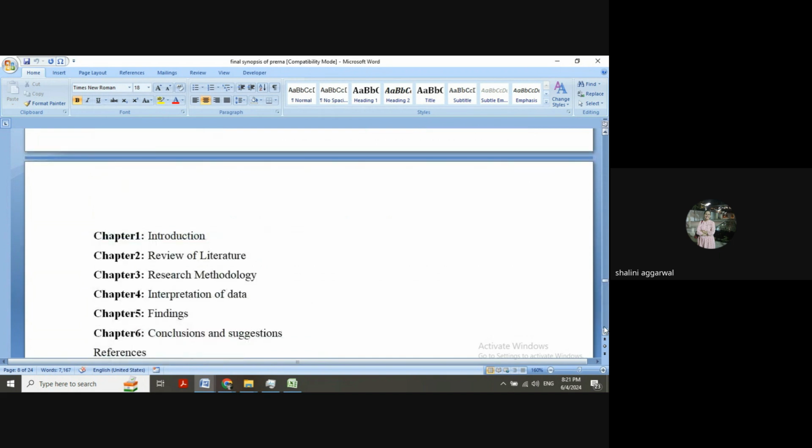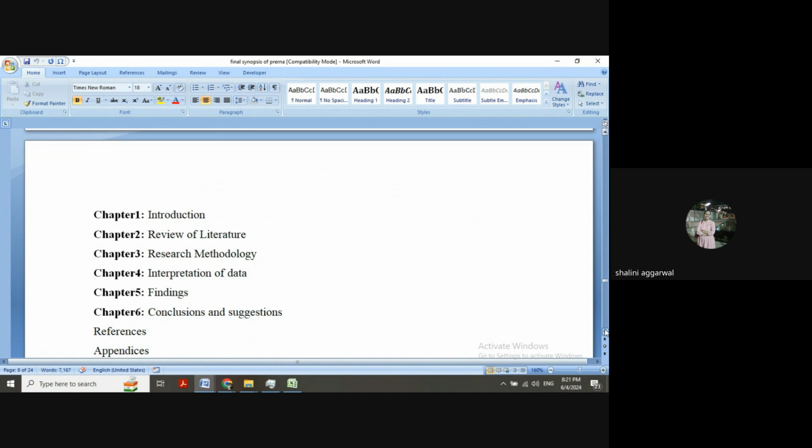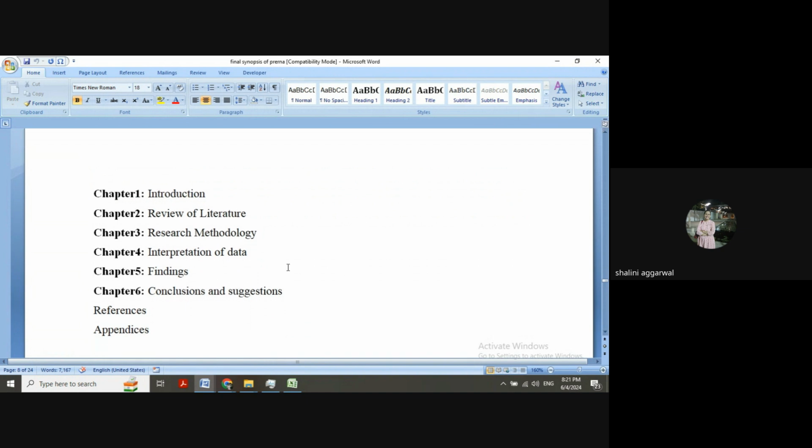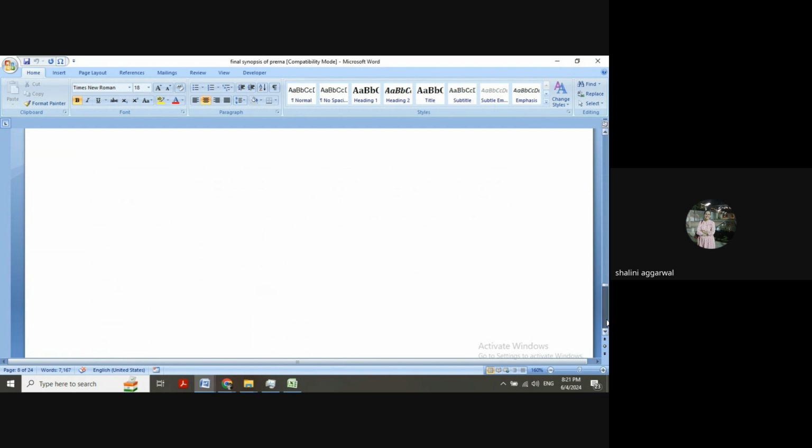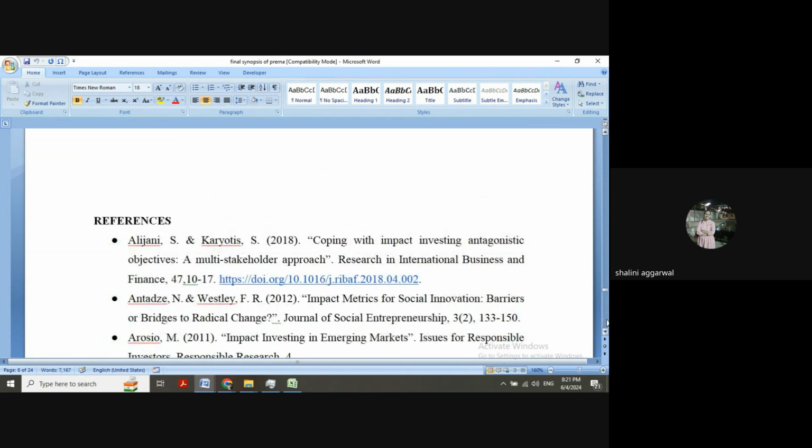What will be your tentative chapters? This is tentative. In the thesis, what will your tentative chapter-wise scheme be? Introduction, review of literature, research methodology, interpretation of data, findings, conclusion, references, appendix. And below this, references will be there.